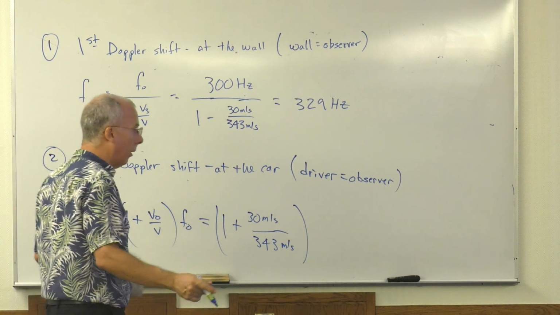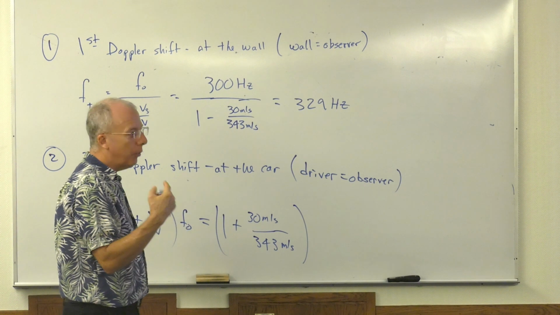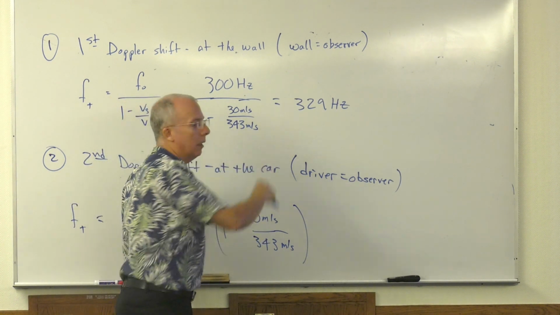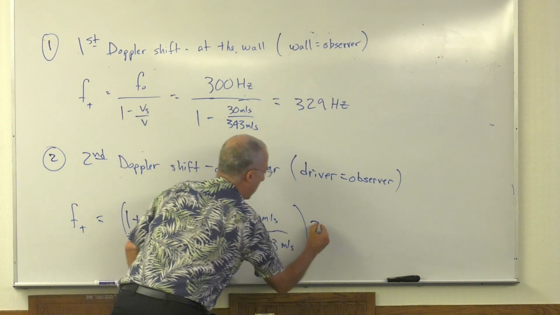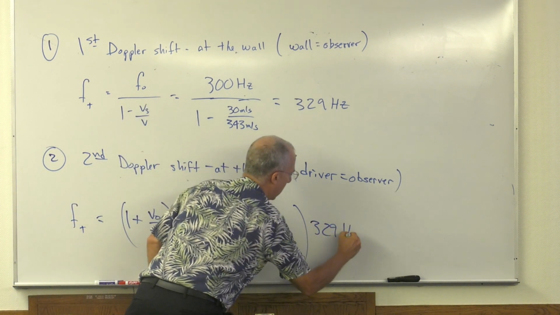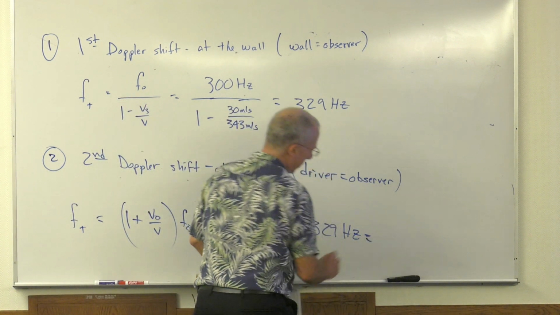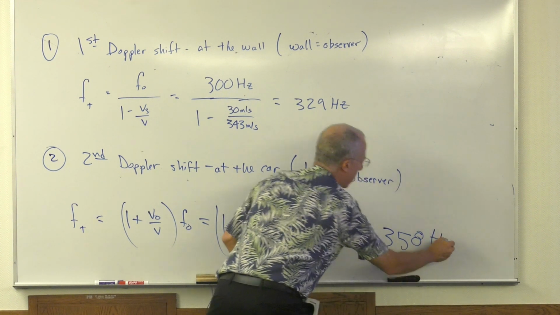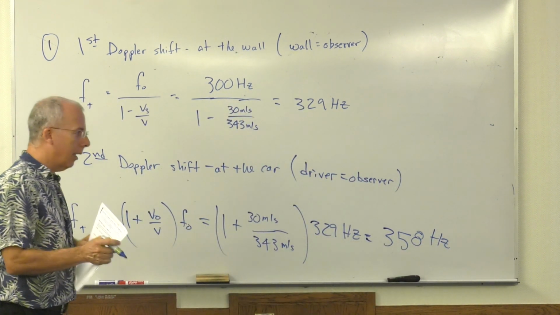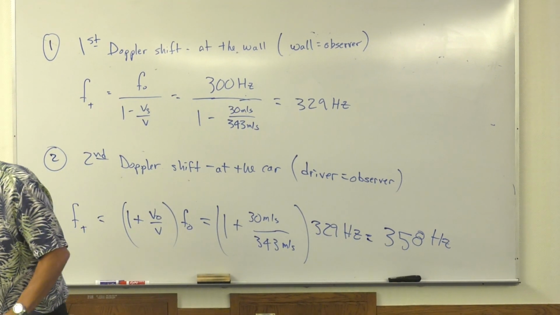What's f0? What's the frequency of the sound coming away from that wall? Is it 300 or is it 329? It's 329, right? So you multiply this by 329. And you do that, and you get 358 hertz.